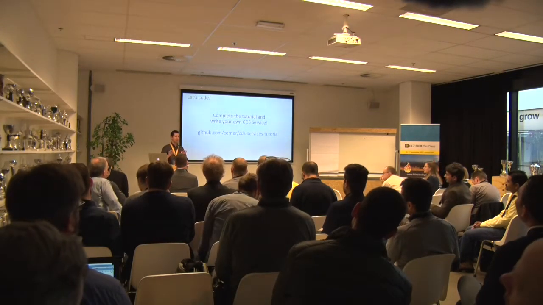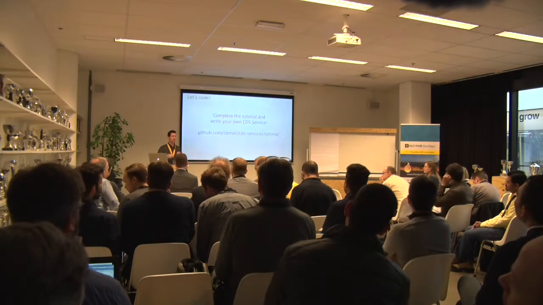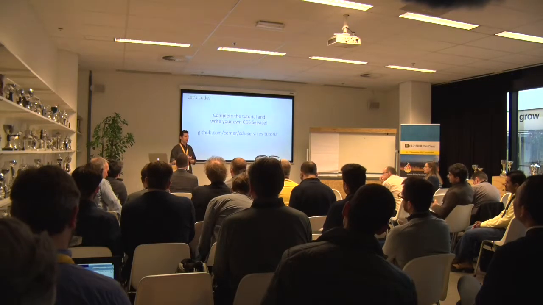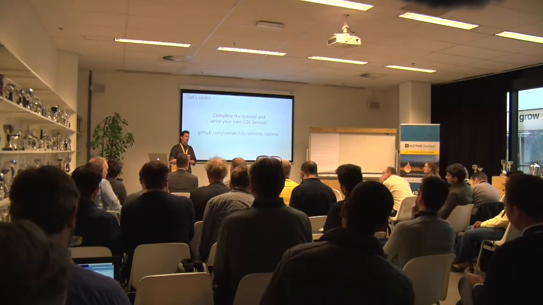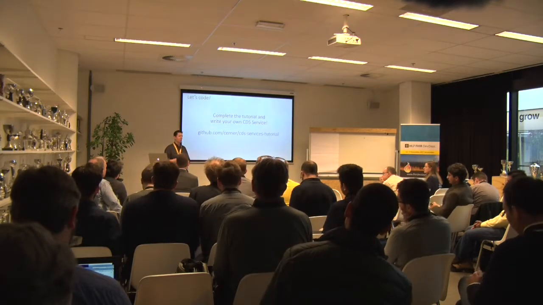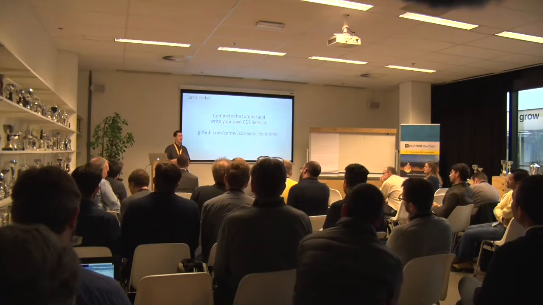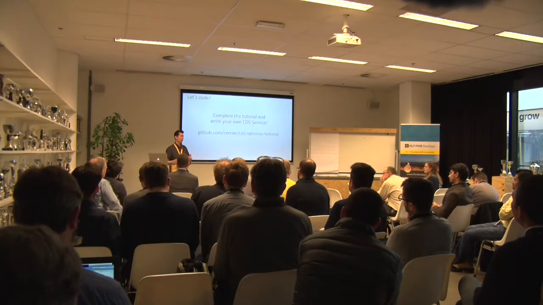The one interesting bit that we have, and this is something that we have a GitHub issue for that we need to address, is how does the CDS service advertise what FHIR version it wants or can handle?